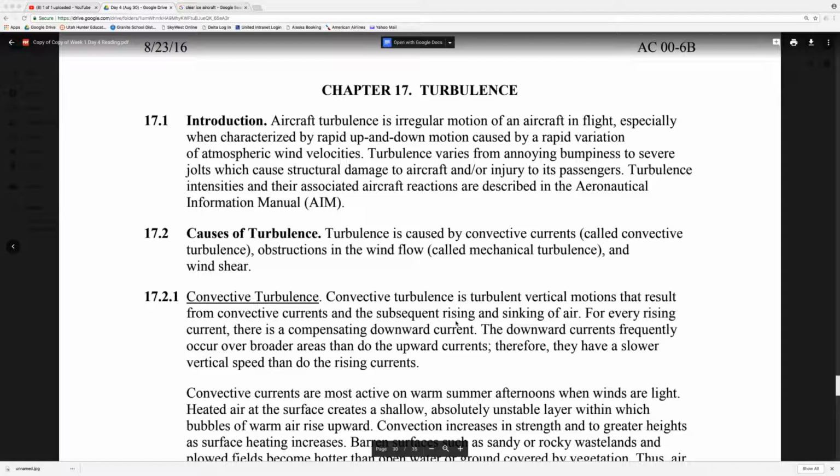That's pretty much the long and short of stability, instability, frontal, convergence, and all that.